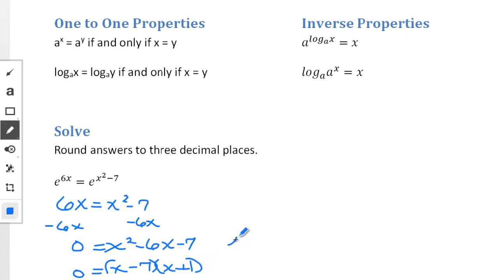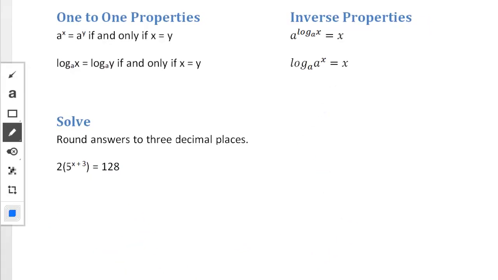So x has to be a positive 7 or a negative 1. Now go back and make sure that that doesn't violate any rules. Can we take e to the 42nd power or e to the negative 6th power? And the answer is yes, so both are valid answers to our equation.